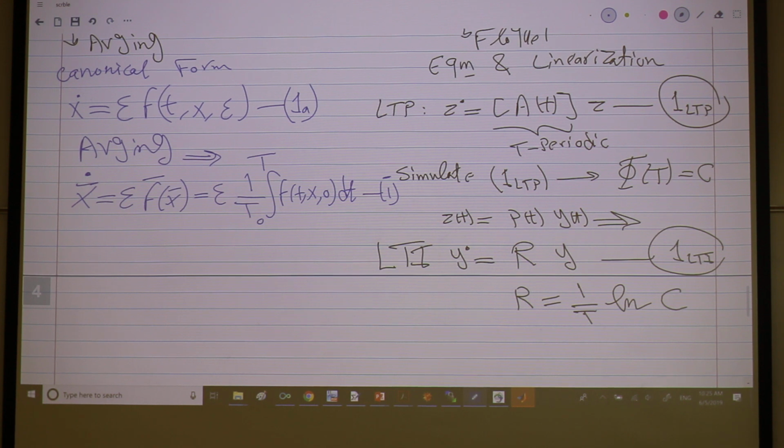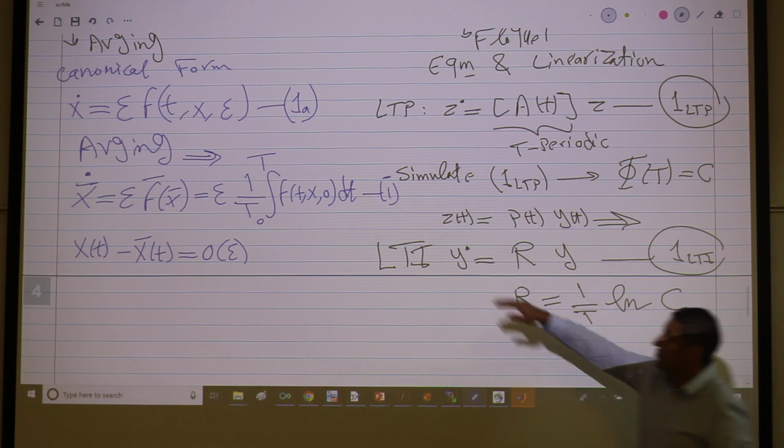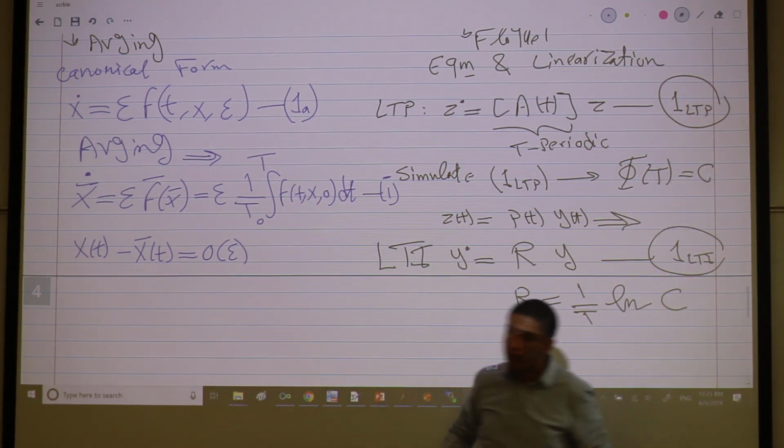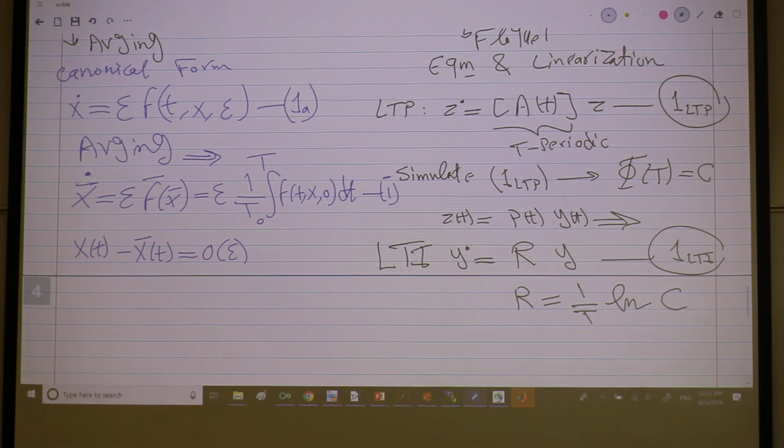The relation that we know is that x of t and x bar are close to each other. And if the average dynamics is exponentially stable, this guy is also exponentially stable for small enough epsilon. This is the issue, for small enough epsilon.